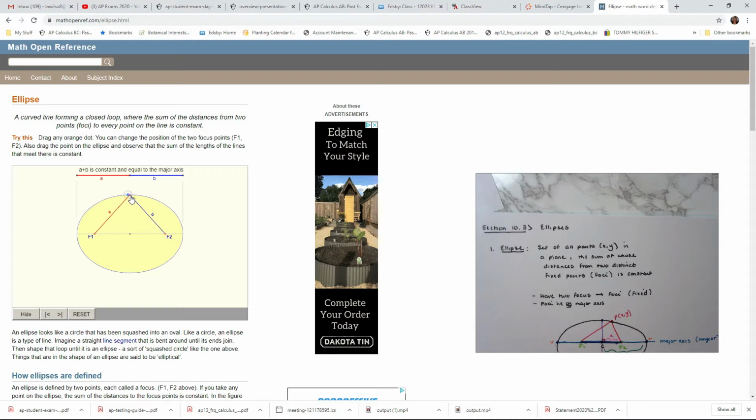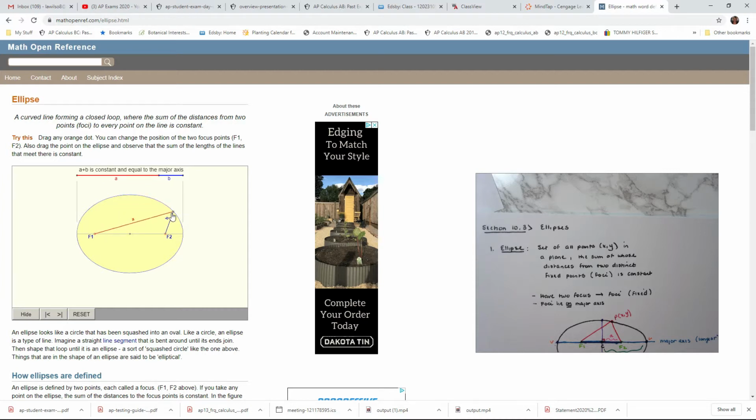If this is my point here, the distance from this focus to this point is A, and the distance from this point to the other focus is B. And no matter which point I pick along this curve, the sum of this plus this will always be the same. So that's what they mean when they say it's constant.